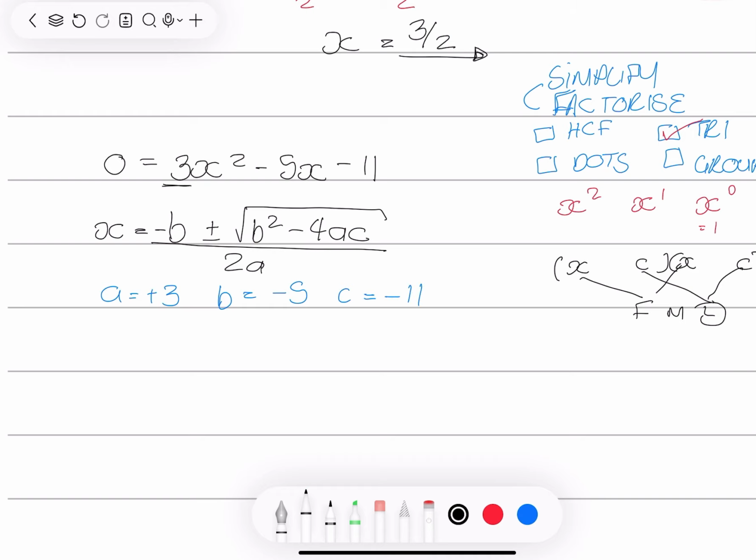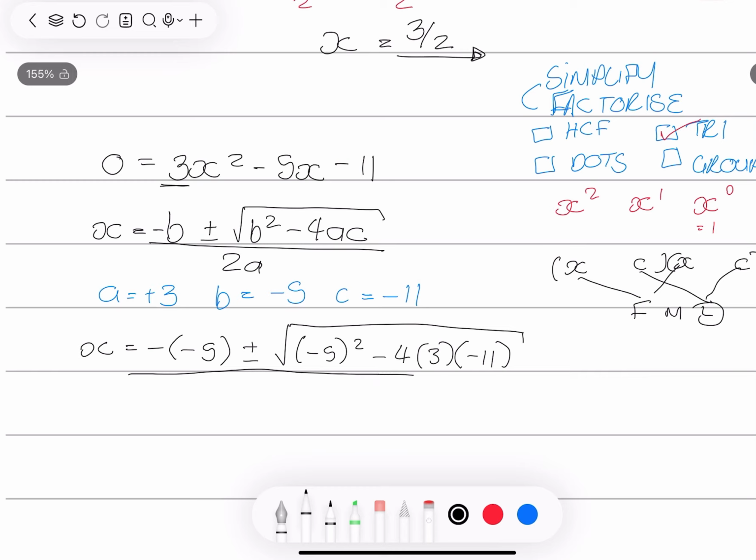So if we put that in, we have x equals negative our b, which is negative 5, plus minus square root of negative 5 squared minus 4 times 3 times negative 11, all over 2 bracket 3.